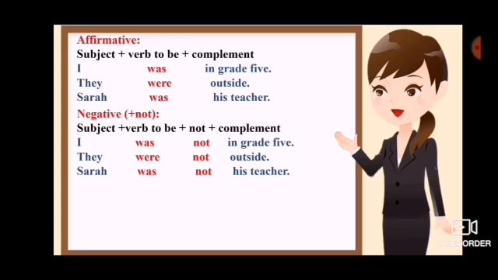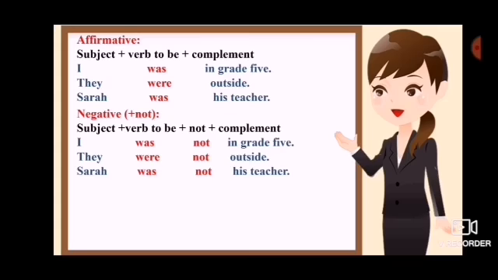They were not outside. So they takes were, because it is a plural pronoun. And Sarah was not his teacher. Sarah is a singular noun, so it takes was in the past. Never forget to add not after the verb to be in the negative sentence.